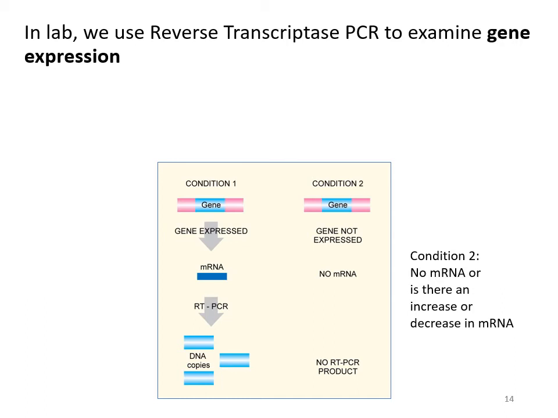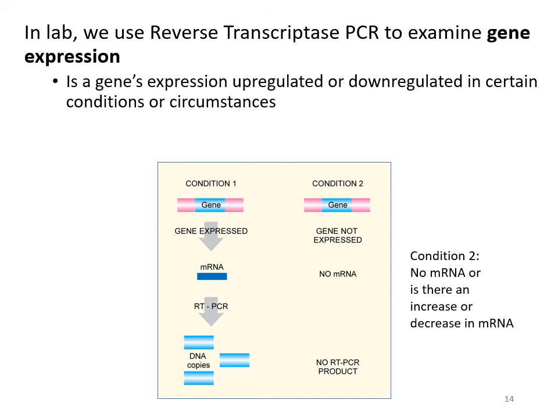Now that reverse transcriptase PCR is very valuable to us in the research field because it allows us, like I said, to examine gene expression. Okay, so you can look at whether a gene's expression is upregulated or downregulated in certain conditions. Basically meaning you'll have two different conditions and you'll ask yourself, when do I see a greater signal?